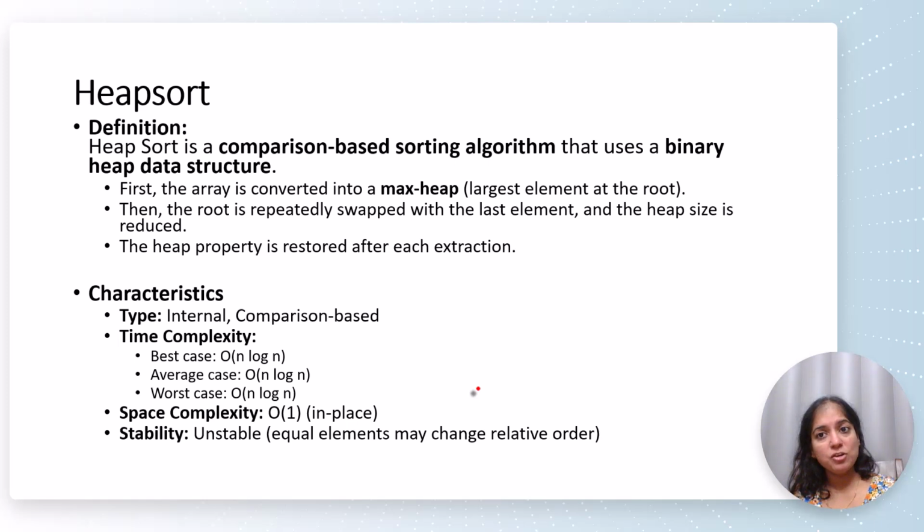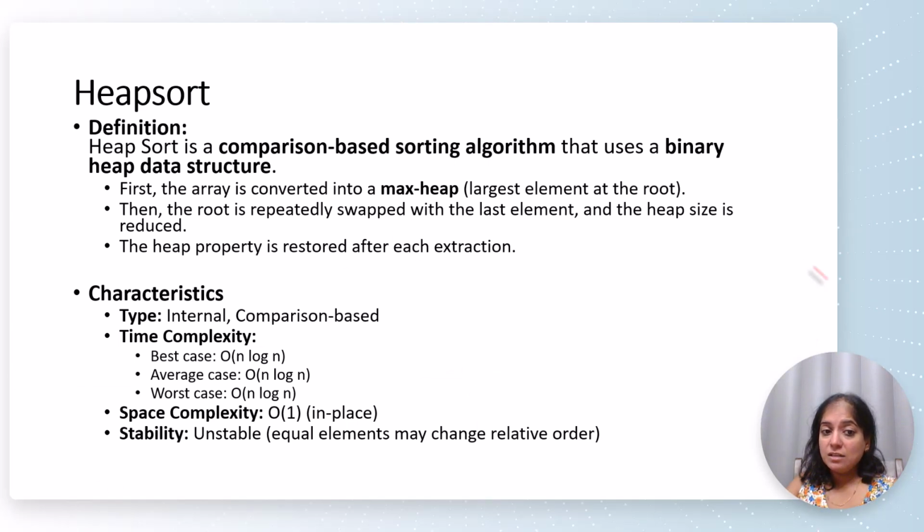Perform the heapify operation to maintain the heap property. Then again extract the root element, put it at the end of the array, and perform the heapify operation to maintain the heap property. In that way, you will have the sorted elements with you.